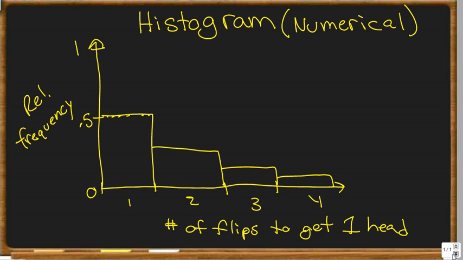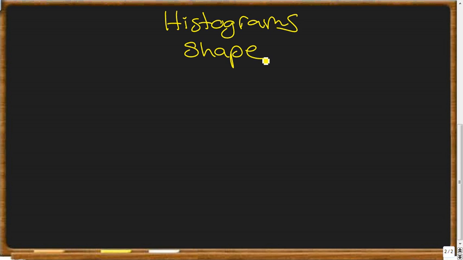Also with histograms, shape is important. And there's two things that you want to look for when you're talking about shape. One of them is your modes, which you can think of as kind of like peaks.